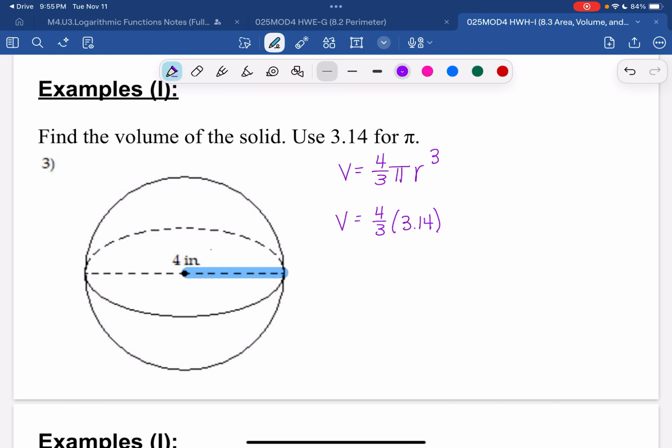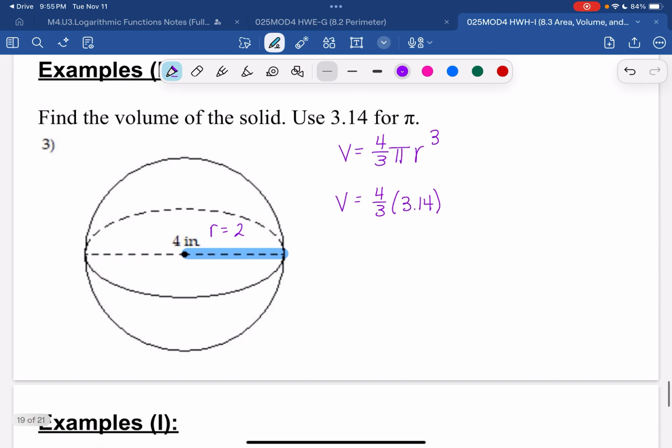The radius would be 2, so I'm going to put 2 cubed. I plug that in my calculator, 4/3 times 3.14 times 2 cubed, and you could put it all in at one time, and get 33.49. Again, I want your units to be cubed.